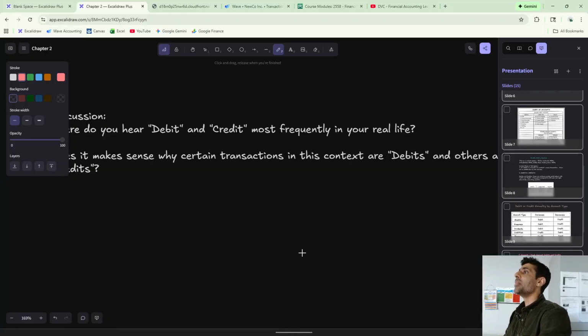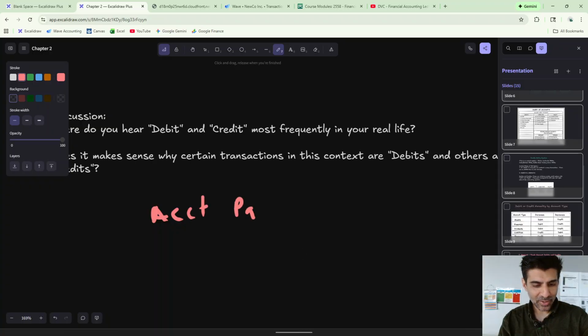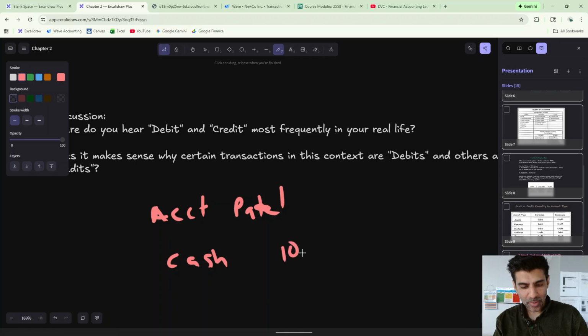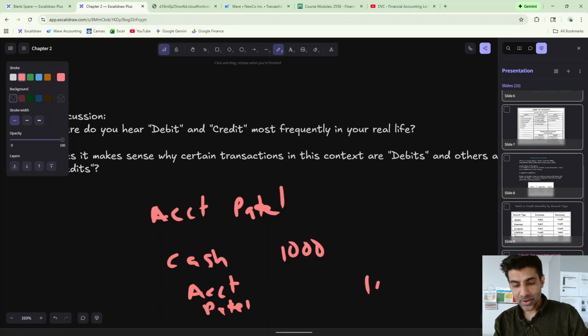It's a credit. When I deposit money, what they're doing in their accounting system is getting cash, whatever, $1,000, and then account Patel, which is a liability for them, is getting a credit.